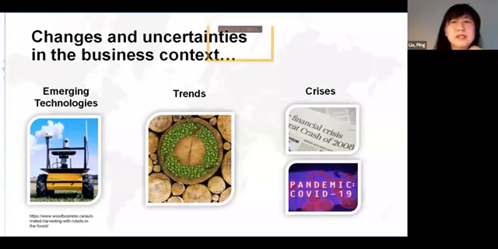So in the business context of these suppliers, new technologies are disrupting the forest sector. For example, robots, satellite data, and artificial intelligence have been used in the forest sector.